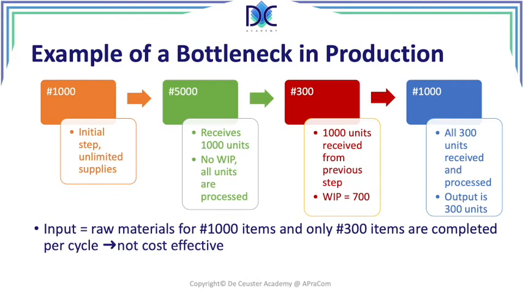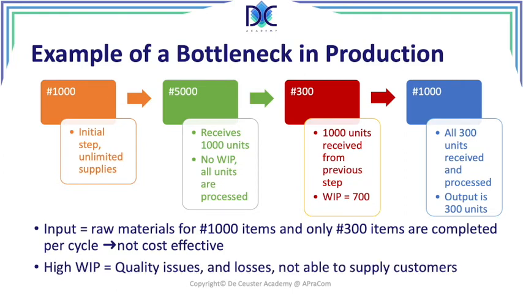We feed that step with 1,000 units, but we have a problem. We can only use 300 of those units to go through the next step, so we are producing 300, and we only have 300 at the last step, so all the units received will be processed immediately, and we see that even we have a high capacity when all the machines are working at the highest capacity, we still only produce 300 items per time unit.